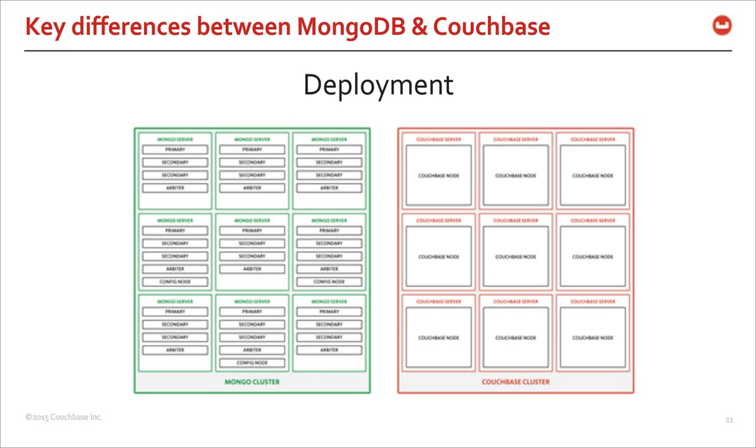Coming from a MongoDB world, you're probably seeing environments where instead of having one physical server per node, you're striping those nodes across all of those physical servers. So any one server is probably running a primary, a secondary from a second shard, a secondary from a third shard, and maybe an arbiter from a fourth shard.